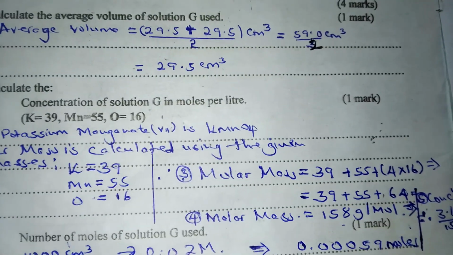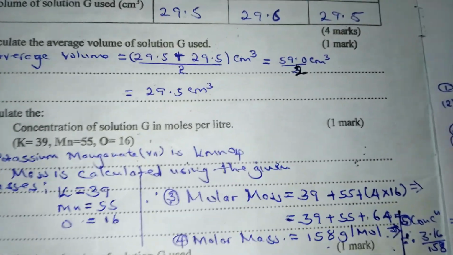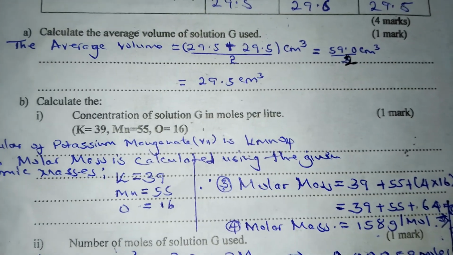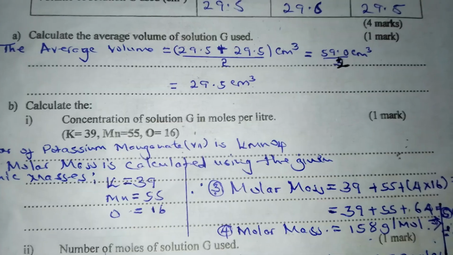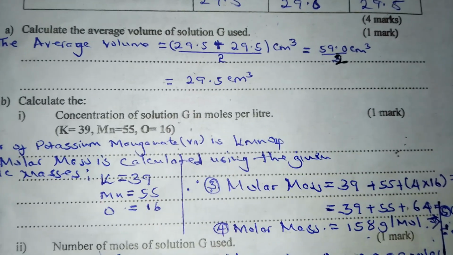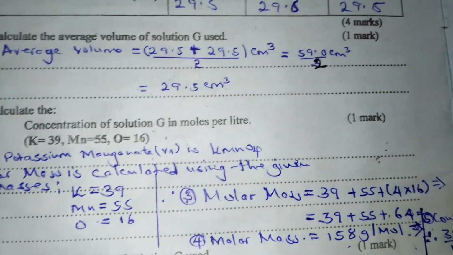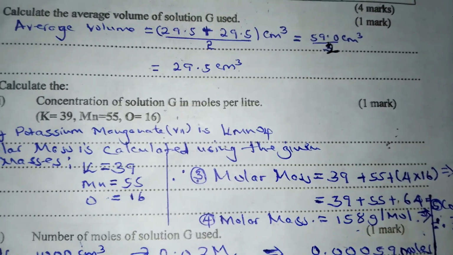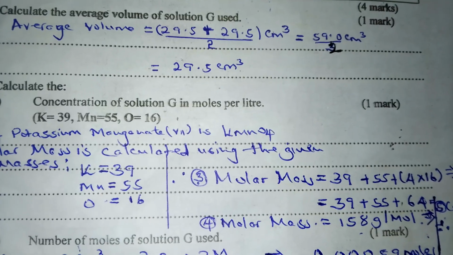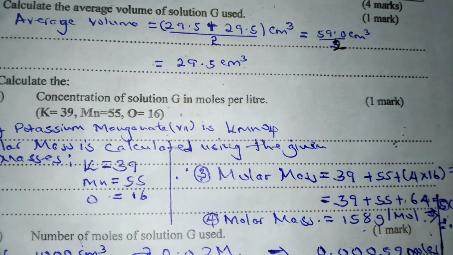Then the molar mass is equal to 39 plus 55, then we placed the brackets because oxygen has 4 atoms.